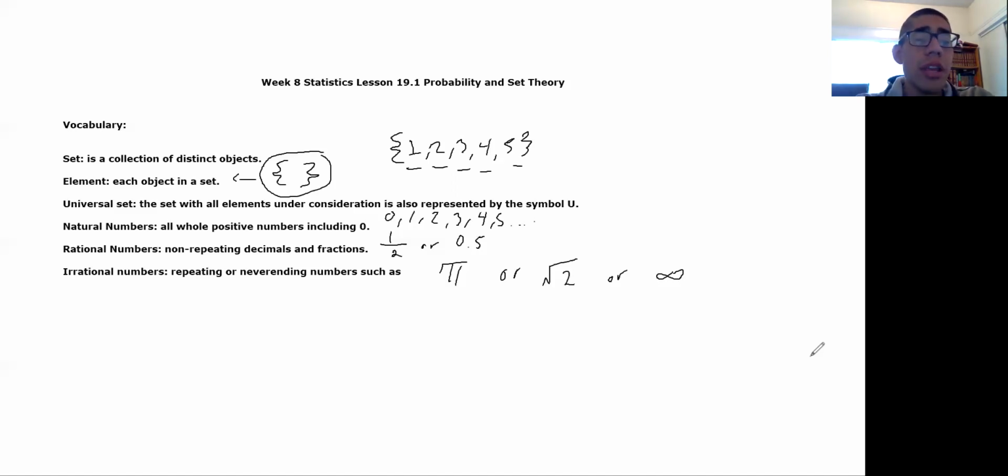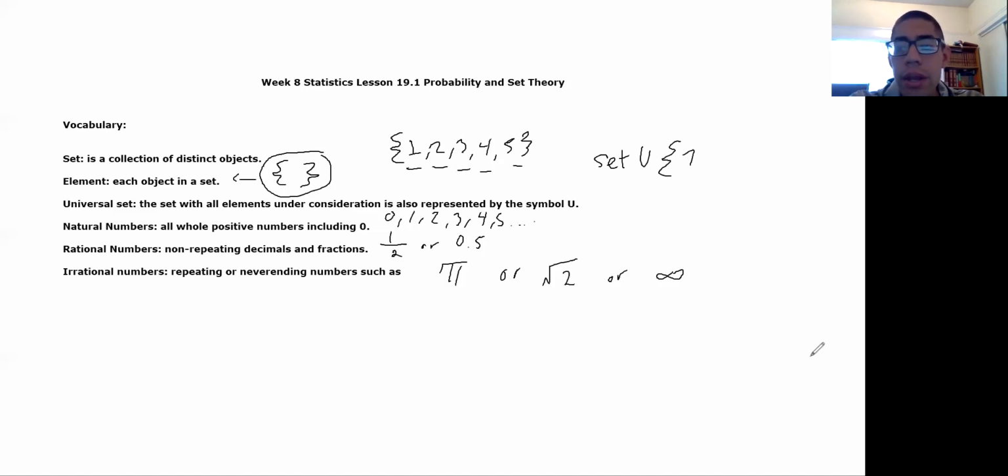Then we have something that's called a universal set. It's a set of all elements under consideration that's represented by the symbol U. You're going to see this a lot later. And pretty much when I say set U, right, that's all the numbers within the parameter that I gave you. So for example, if I told you, I need you to group all the numbers greater than 0 and less than 3, right?